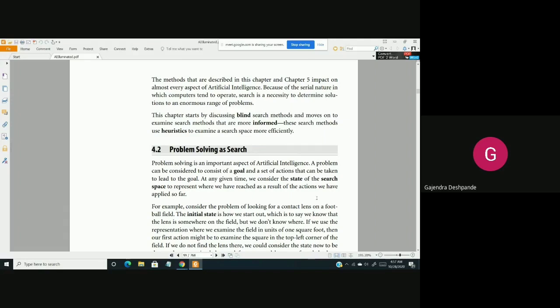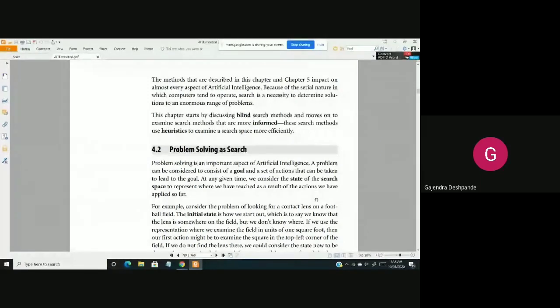Then, problem solving as a search. We know that the goal of computer science, or the goal of any algorithm, is to solve a problem. So problem solving is a very important aspect of artificial intelligence. Of course, not only artificial intelligence, you take any domain in computing, problem solving is the important aspect.